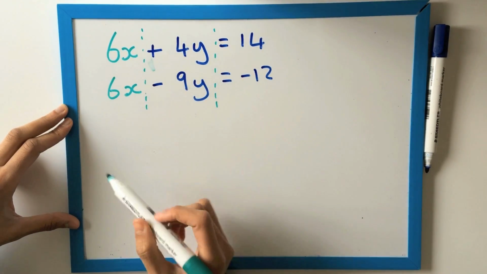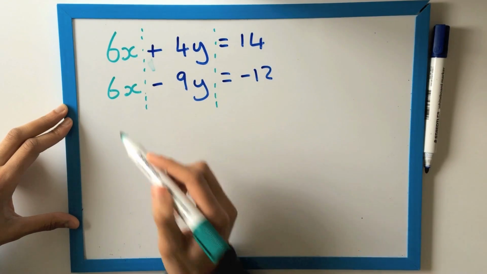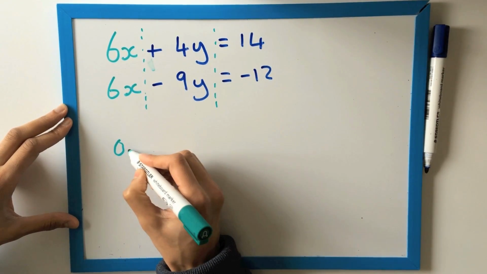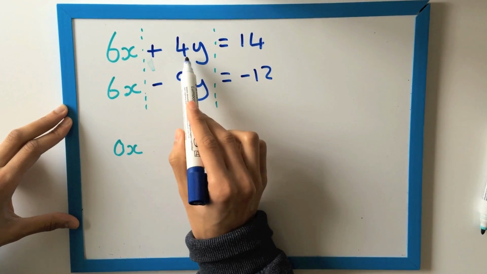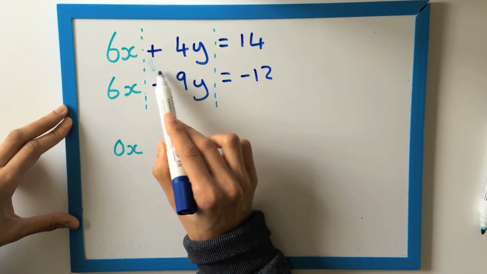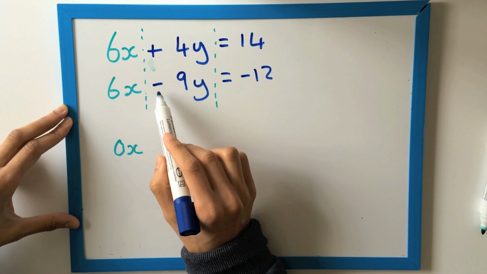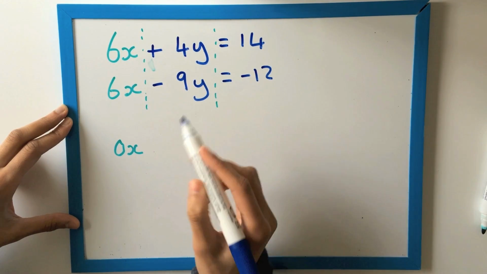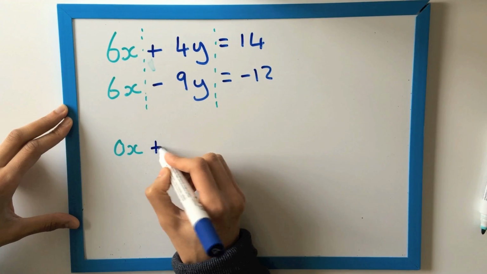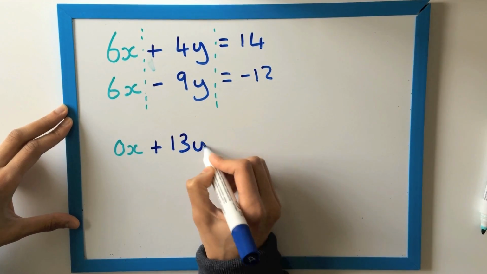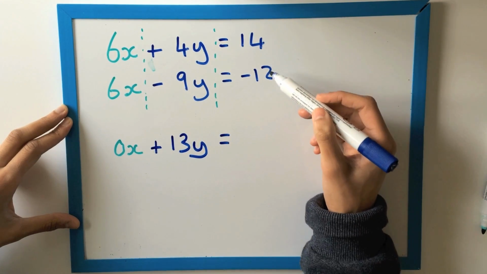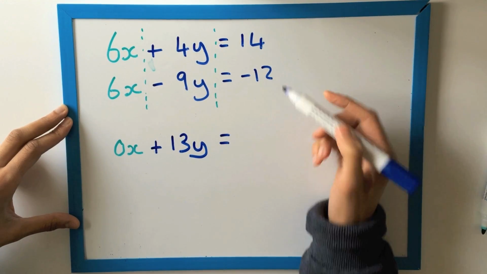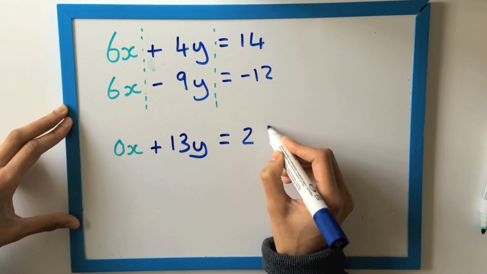So 6x minus 6x gives us 0x. 4y minus 9y gives us 13y. And for the final part, 14 minus 12 gives us 26.